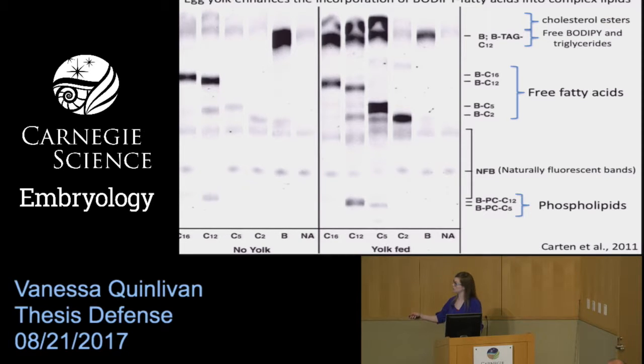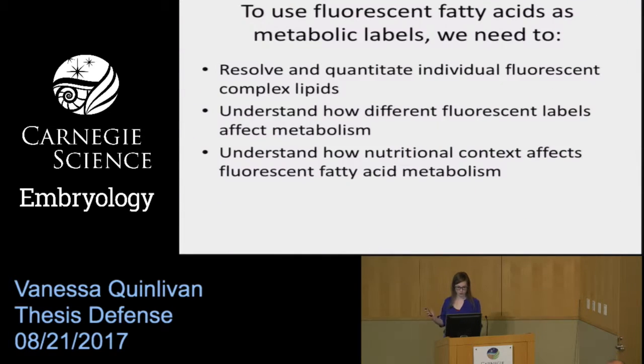The same is true of the phospholipid bands. So this system allows you to detect changes in entire classes of lipids, but doesn't allow you to detect changes in specific lipids.